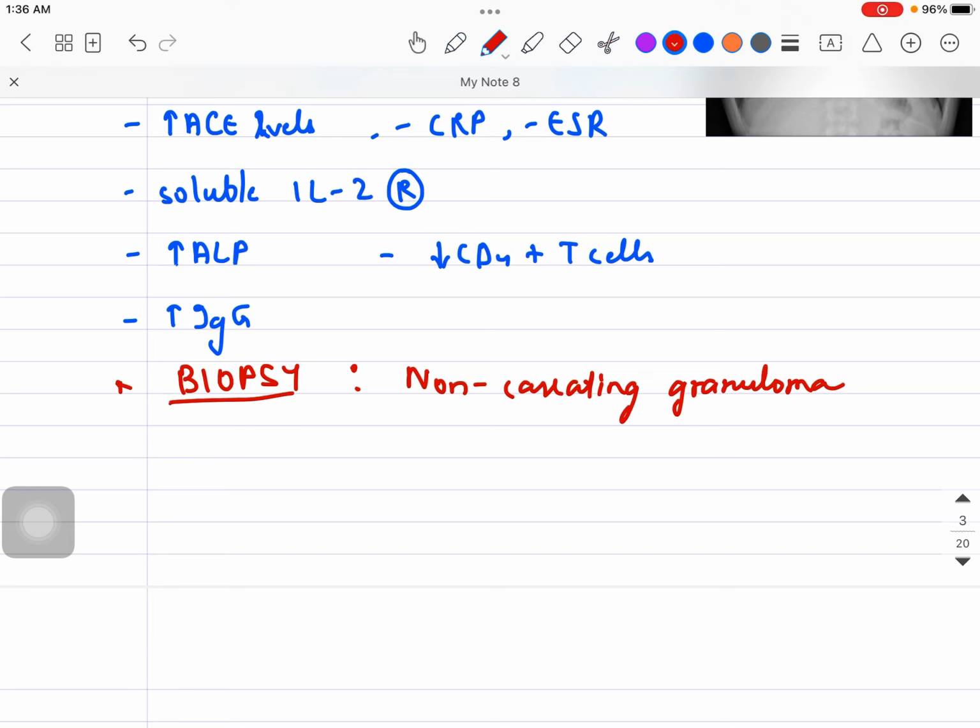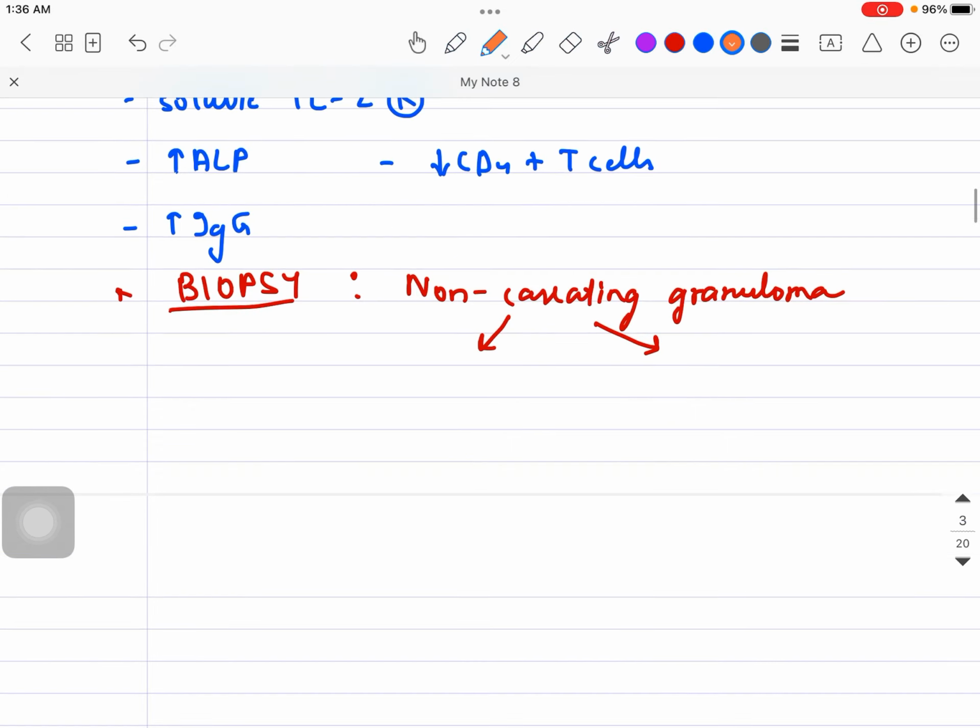In that noncaseating granuloma, two kinds of structures you can appreciate, that is the asteroid bodies and the Schaumann bodies. They might be asked, that's why I'm mentioning them. In the granuloma you can see these two bodies. So if they are mentioning them, do not panic, they are talking about sarcoidosis.